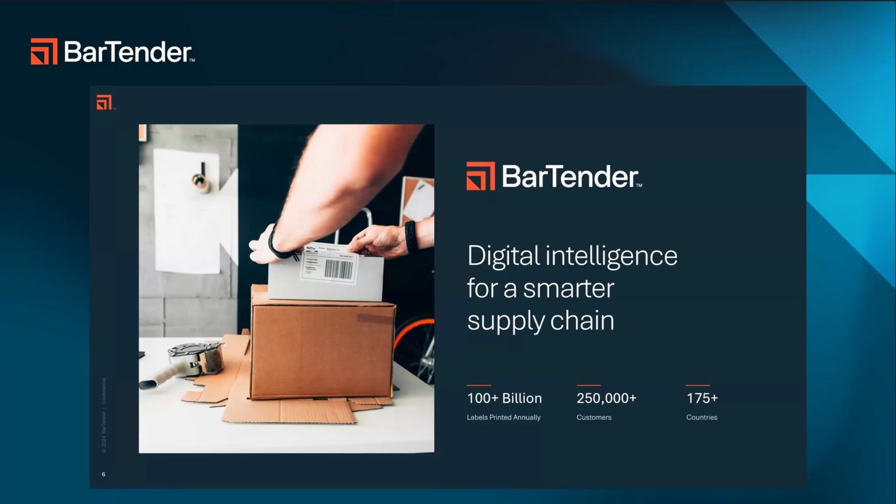And that's where BarTender comes in, because BarTender enables that digital intelligence to help you build a smarter supply chain. We support over 250,000 customers across over 175 countries who all rely on BarTender for our ready-to-use label design tools, our anywhere, anytime printing, and our industry-leading flexible integrations and database connections.